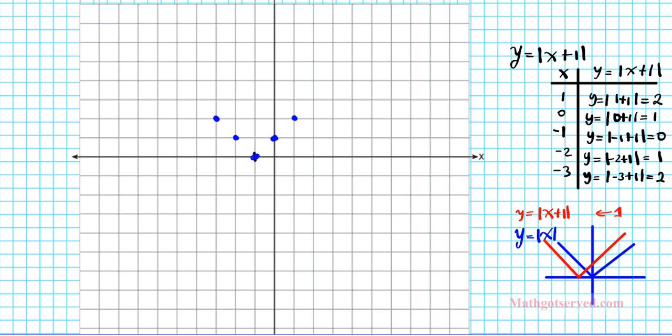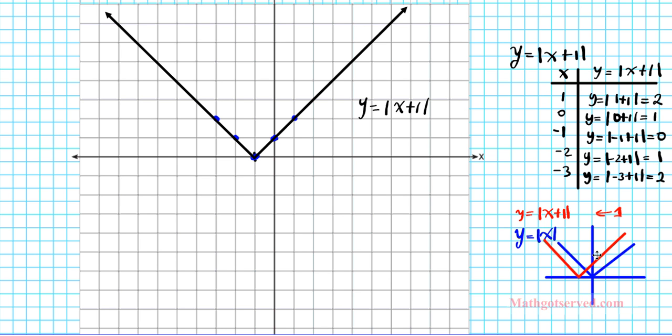So let's go ahead and connect the dots, and that will be our graph. This is the situation to the right of -1, and to the left of -1, that's what you get. So this is the graph of the function y equals the absolute value of x plus 1.